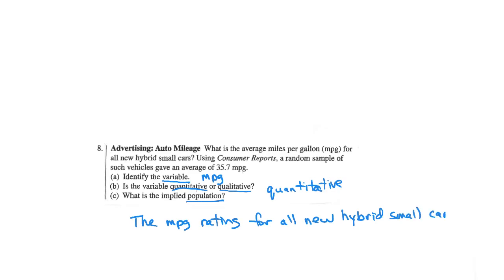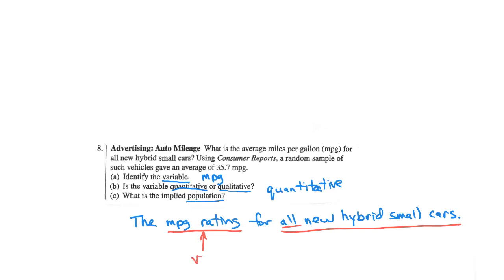You don't have to use this exact wording. You don't say it exactly like I did. But what we need for sure is we need something about the miles per gallon, right? We need that, and we need the individuals. The individuals are these new hybrid small cars, and we need all of them, right? All is important because it's talking about the population.